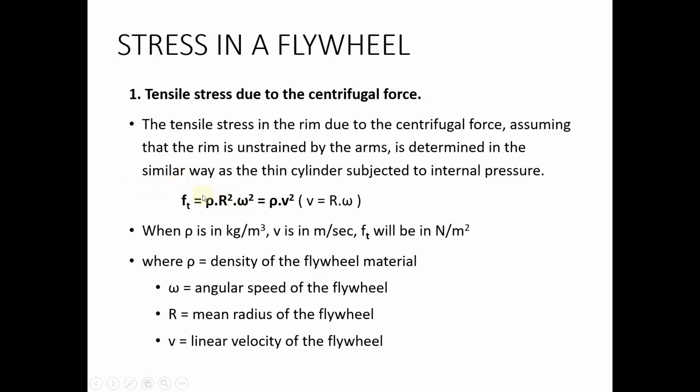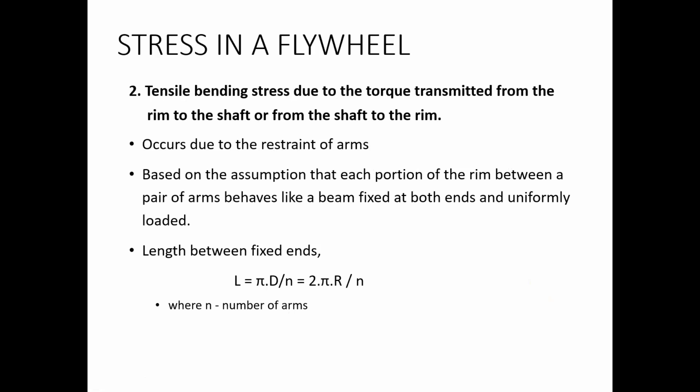So we can also write this expression as rho v^2. Now the dimensions are given here. Density is kilogram per meter cube. V, the linear velocity, is in meter per second, and the tensile stress Ft will have the units Newton per meter square. So that is the tensile stress that is caused due to the centrifugal force.